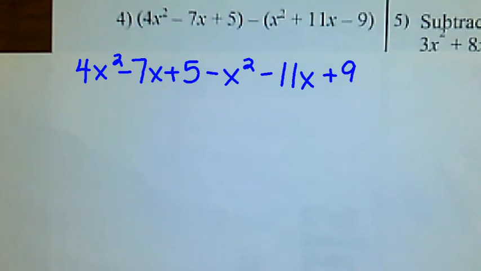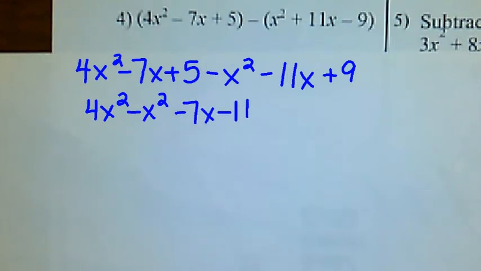All right, next thing, really all you have to do is combine the like terms. I'm actually going to reorder them, and you'll see why. Okay, so 4x squared, that has nothing in front of it, so that's positive. Now this one is a minus x squared, okay? Then I have a minus 7x, minus 11x, plus 5 and then plus 9.